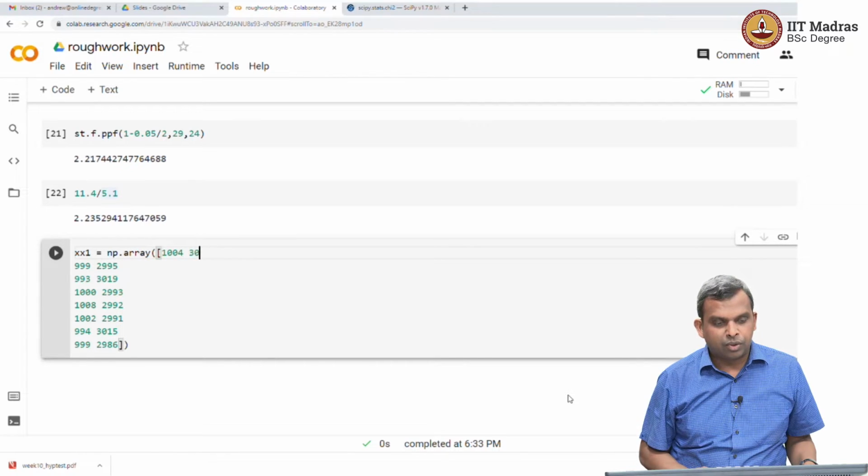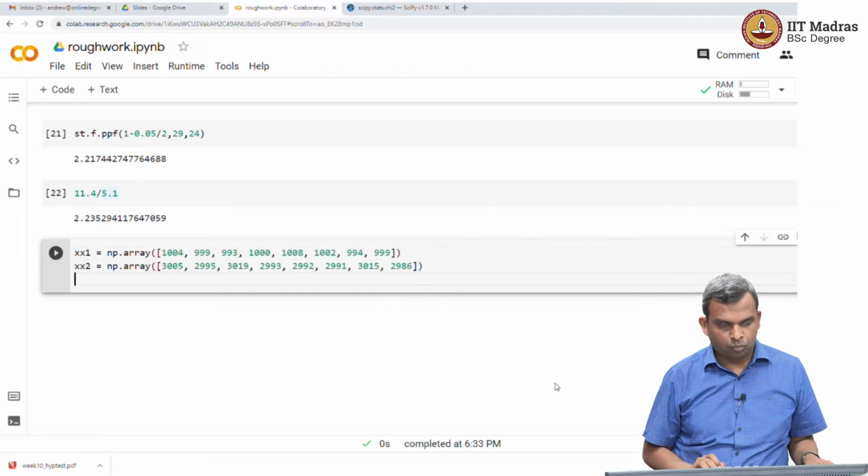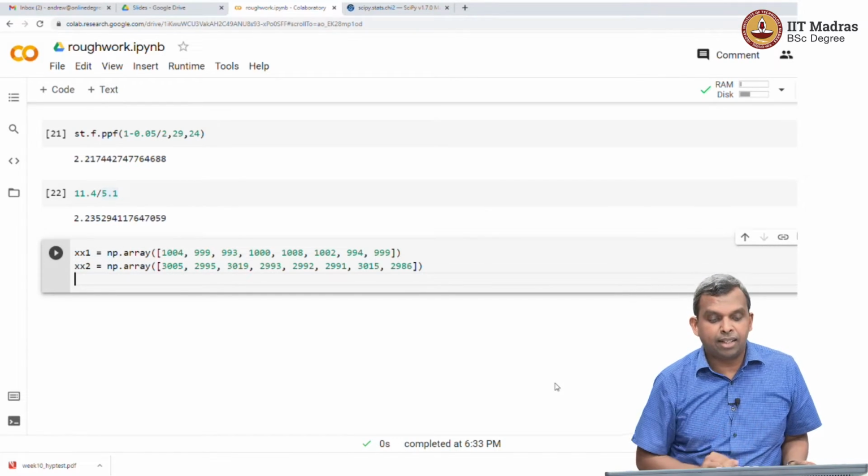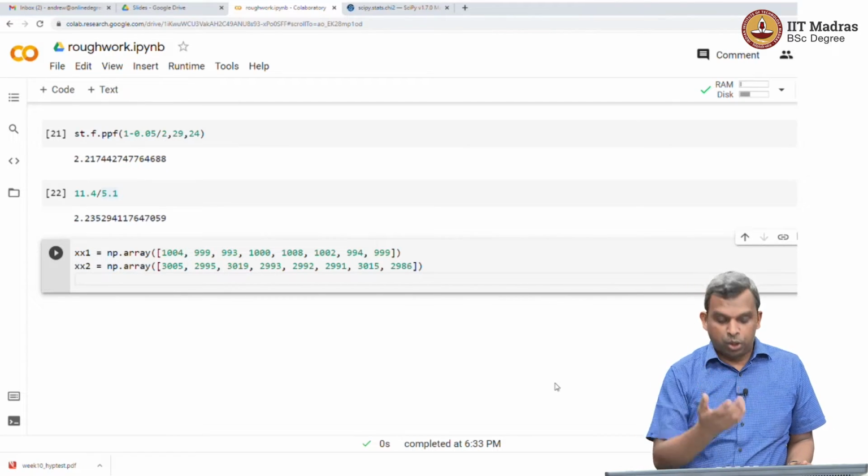I'm sure there's a smarter way to do it, but let me just do it. Okay, so here is the data from the first instrument and the second instrument.